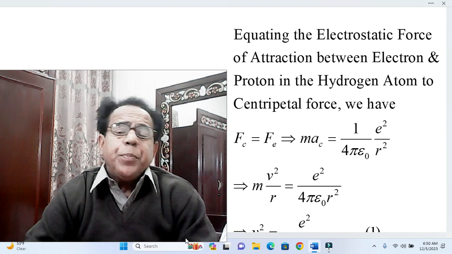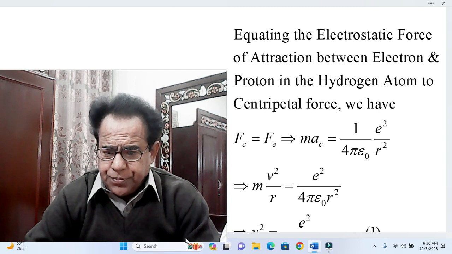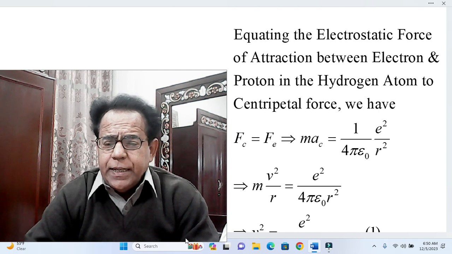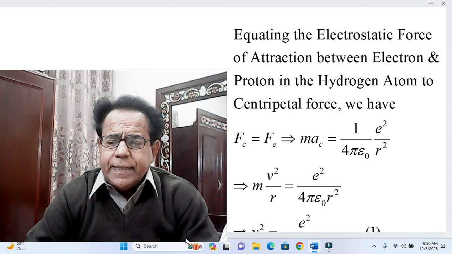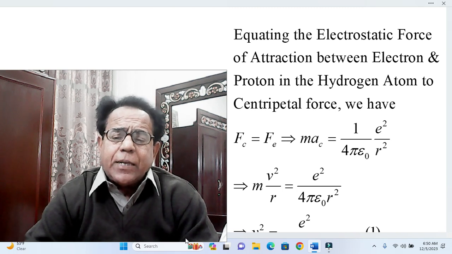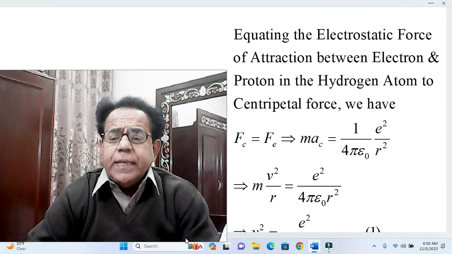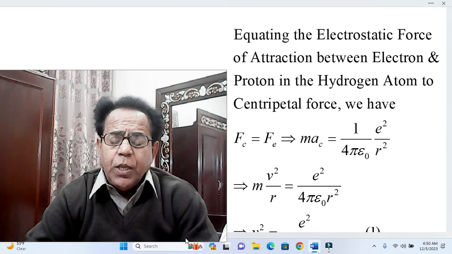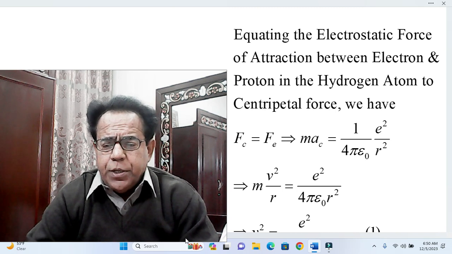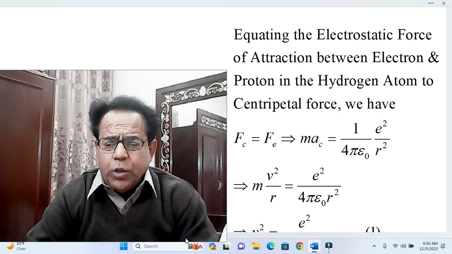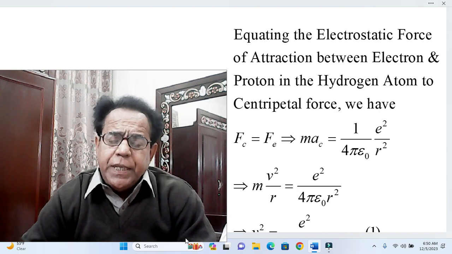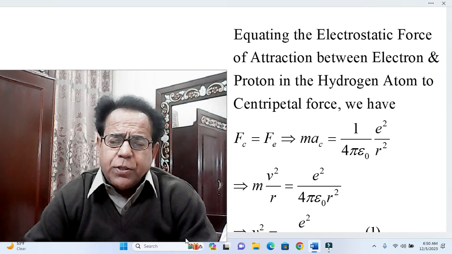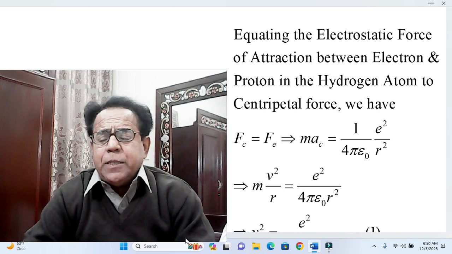Dear students, we know that in hydrogen, the electron revolving around the nucleus and the proton inside the nucleus have an electrostatic force of attraction. This force of attraction is governed by Coulomb's law. Moreover, because the electron remains revolving around the nucleus, a force is needed to keep that electron within the orbit. That force is called centripetal force.